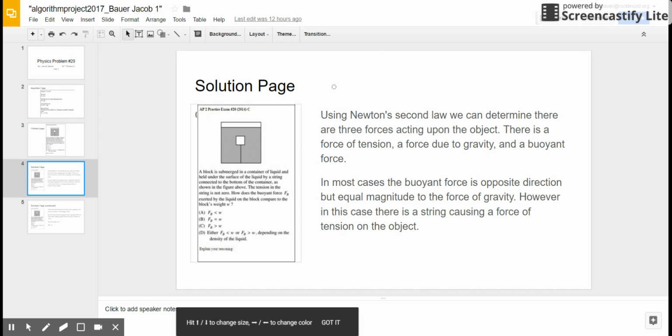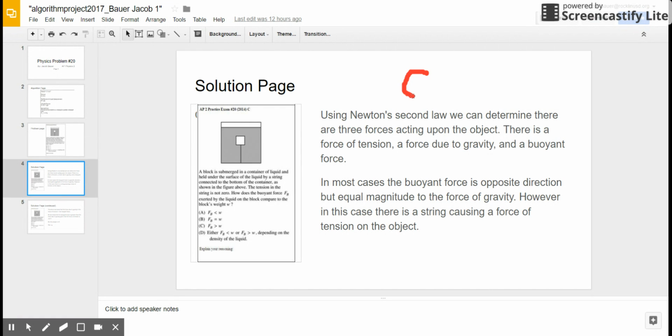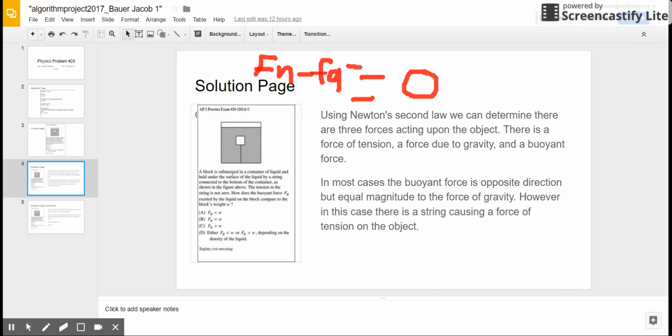So far, our equation should be the normal force minus the force due to gravity minus the force of tension, because the force of tension is pulling the block down, since it's on the bottom side of the block.